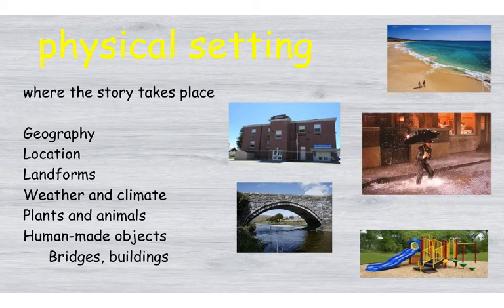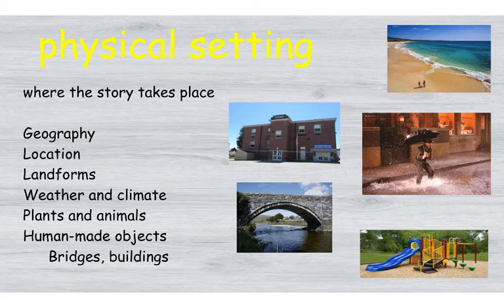Also, if there's any animals, like if you're at a zoo or a farm nearby, maybe plants, the kind of trees. Are there palm trees like in Hawaii or Florida or in other tropical islands? Or are you in the woods and there's pine trees and maple trees? Or are there bushes?